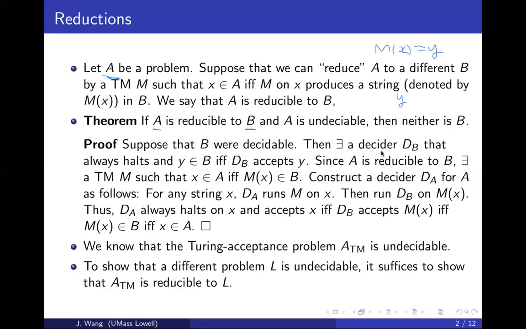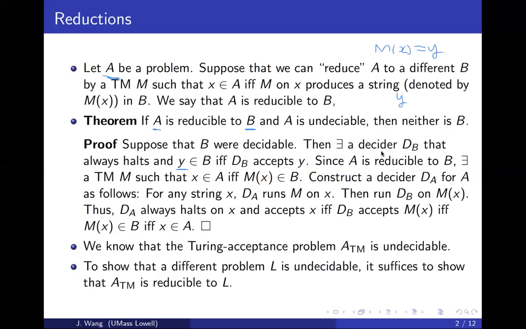The accept state means that Y is in B, and the reject state means that Y is not in B. So that's what this decider means.